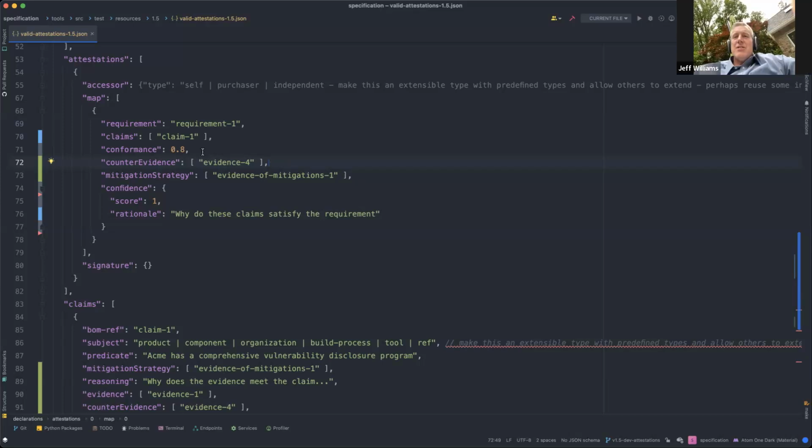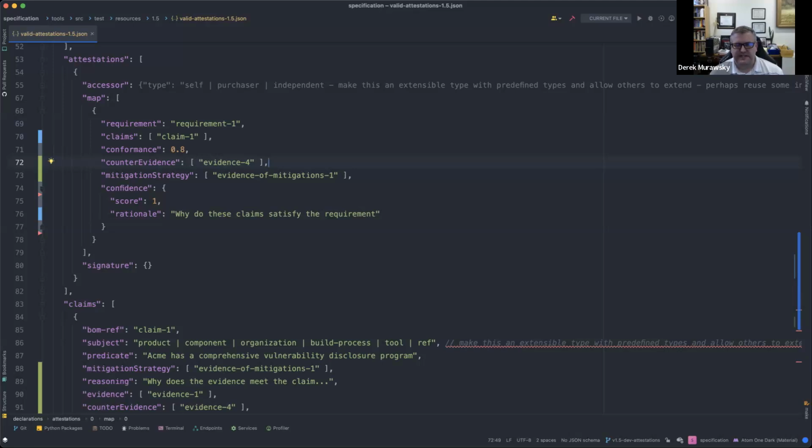It seems weird to have evidence attached at the attestation level. The question here, I think, that Manoj was trying to hint at is, if we are saying that the claimant, someone making a claim, may not be aware of counter evidence, and you have somebody who's doing an attestation who becomes aware of counter evidence, should they add it into the claim or should they add it into the attestation, which is the area that they're responsible for?